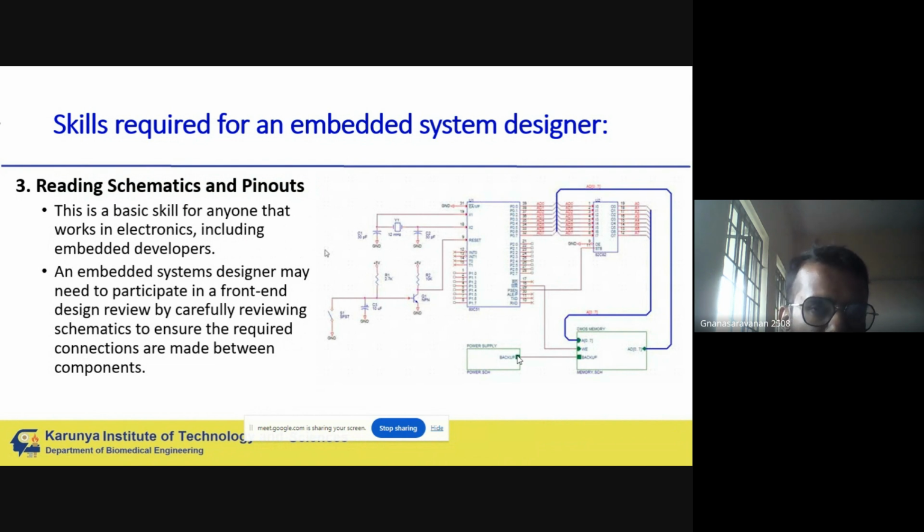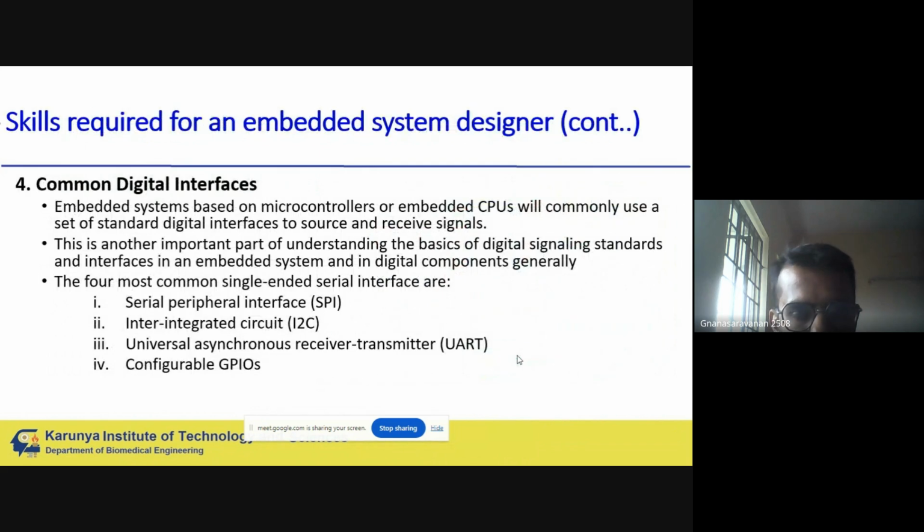So, if you want to become an embedded system design engineer, or we have decided to work in embedded system design, then that is one more important skill that has to be developed. This is also one of the mandatory skills: knowledge about digital interfaces.